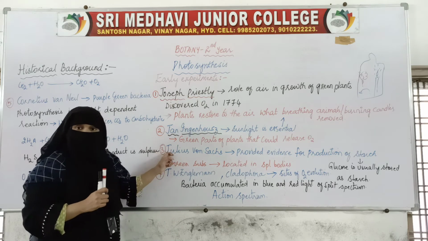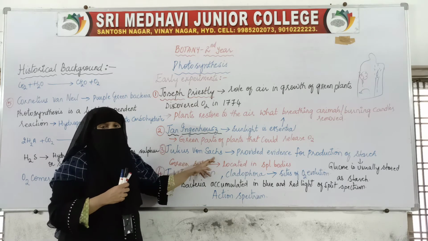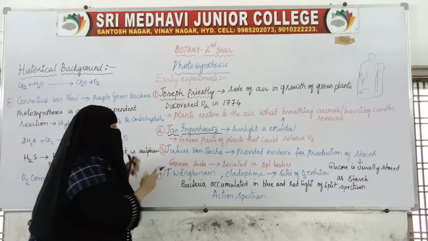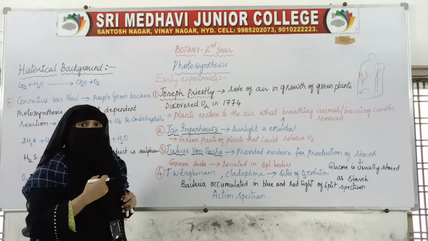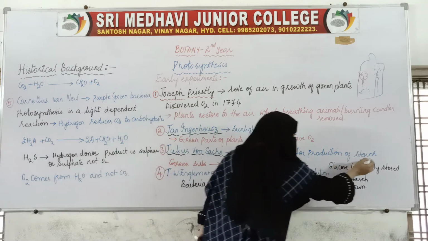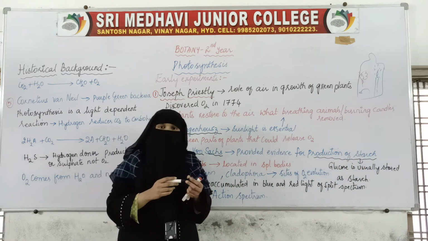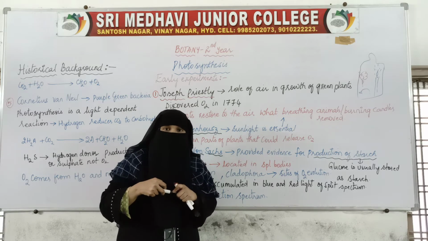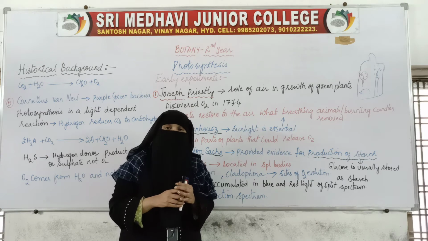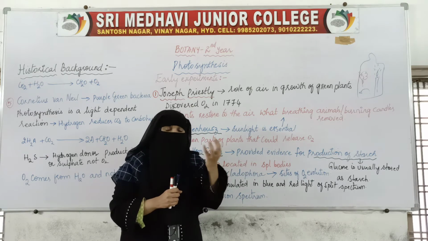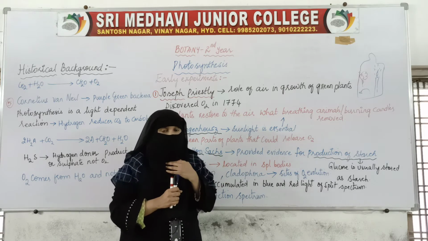Now another scientist, Julius von Sachs, provided evidence for the production of starch. He said that starch is produced by the green parts of the plant, and that starch is stored in the green parts of the plant.